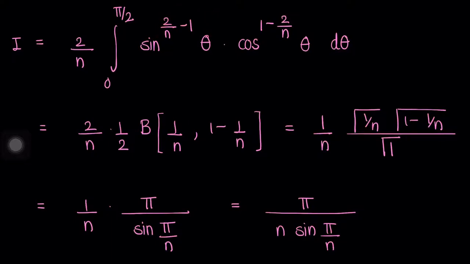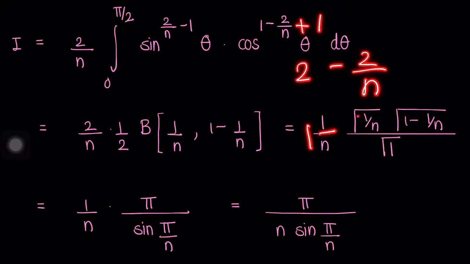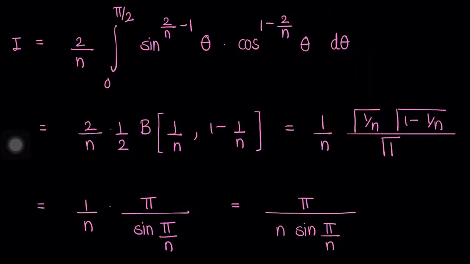So beta of (p plus 1) divided by 2 means beta of 1 by n comma (q plus 1) divided by 2. Now here q is 1 minus 2 by n. So q plus 1 is going to be 2 minus 2 by n, and (q plus 1) divided by 2 means 1 minus 1 by n. So we have beta of 1 by n comma 1 minus 1 by n.